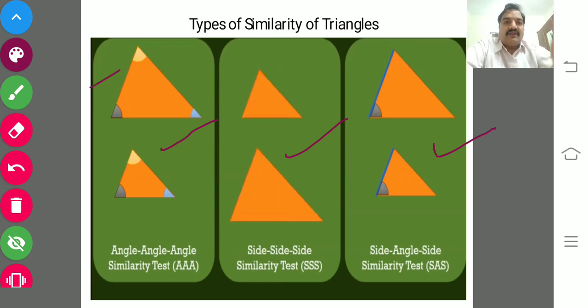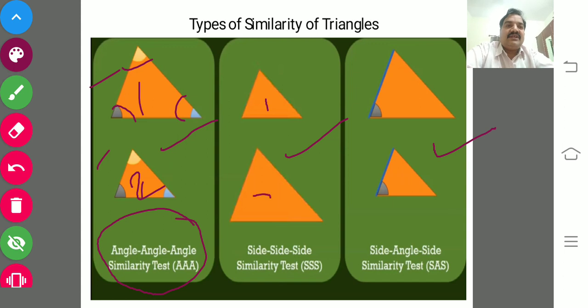In any two triangles, if the corresponding angles are equal, it should be similarity. Here this is triangle 1 and this is triangle 2. For the similarity test, this side by this side equals this side by this side equals this side by this side. So the three sides should be in proportion and equal, then automatically SSS will be applicable.